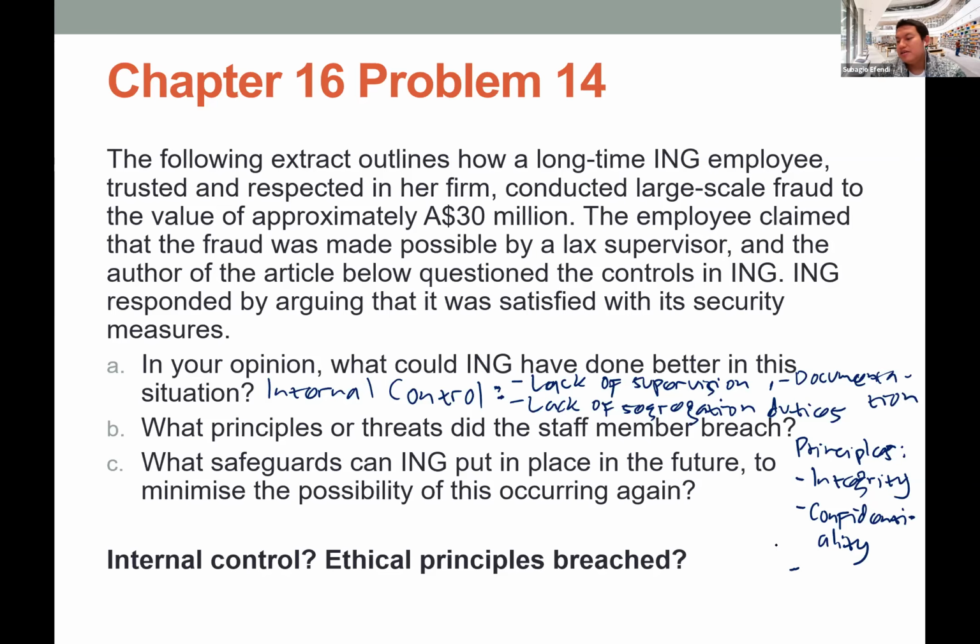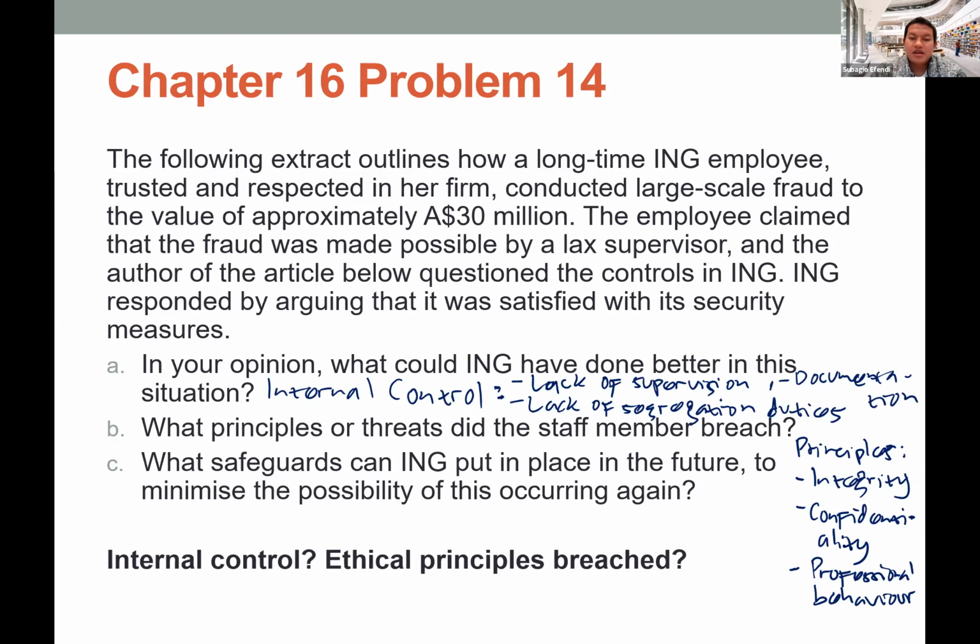And then professional behavior: this employee is not acting in accordance with professional behavior. I think those are the principles.